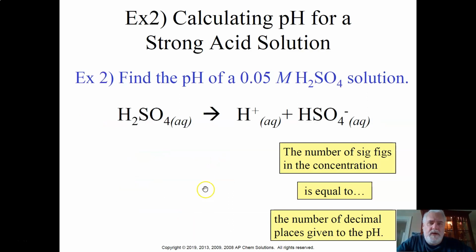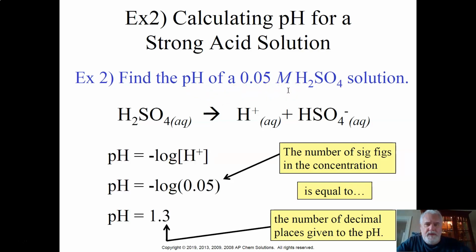All right. So here you have the pH of a 0.05 molar H2SO4 solution. That's 1 sig fig as a concentration, and we're looking for the pH. So when you do that, it'll have 1 place to the right.